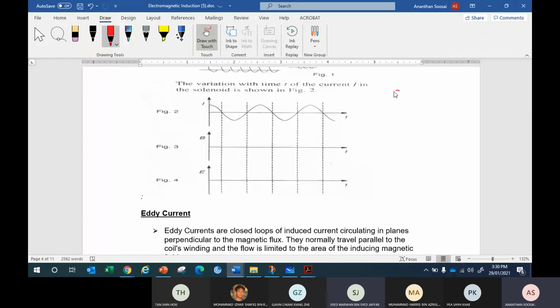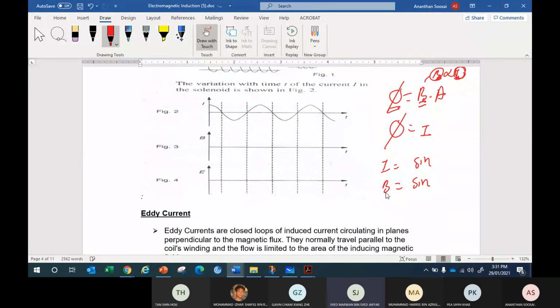See here, flux is B dot A. B is proportional to the current of the conductor. So if the current changes sinusoidally, the magnetic field will change sinusoidally too, with the same pattern, because current affects B proportionally. B is proportional to flux, so flux will also be sine.